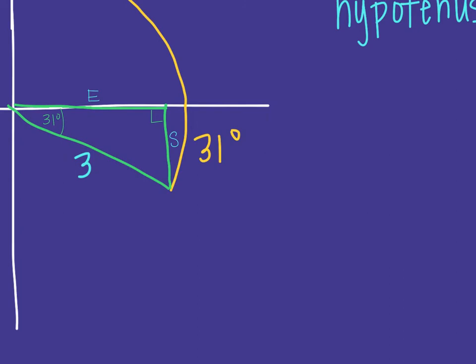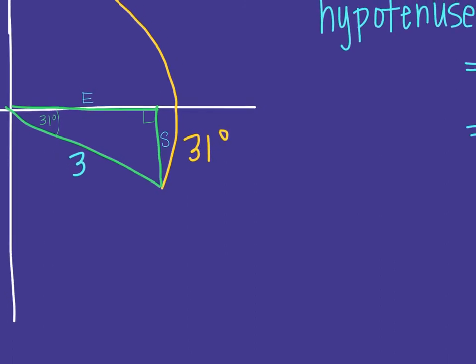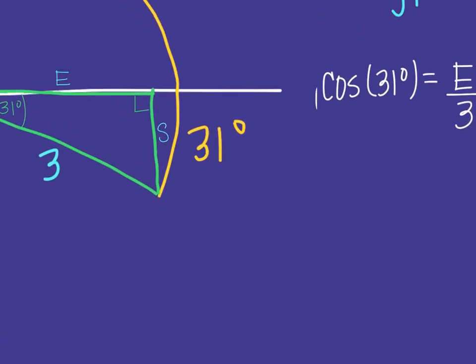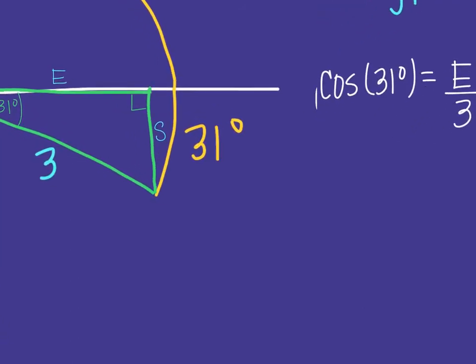The east side is adjacent, which means I use cosine. So I do cosine of 31 degrees equals the adjacent east side over the hypotenuse of 3. And then we cross multiply. So east is equal to 3 cos 31.